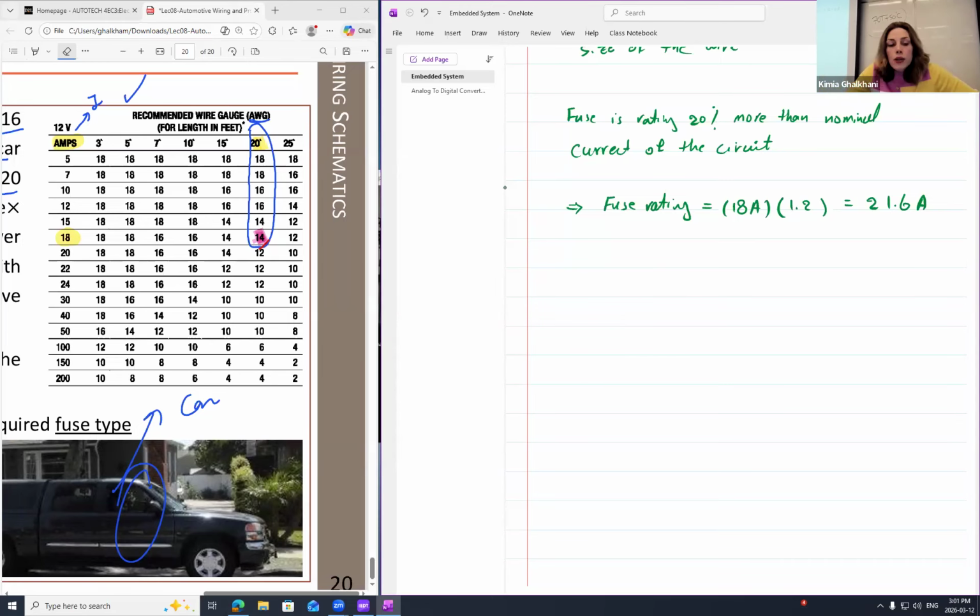No, we don't. Therefore, we have to just round. We select 20. 20 is available. Therefore, we select the fuse to be just 20. Make sense? We need to select the lower fuse rather than the higher fuse.